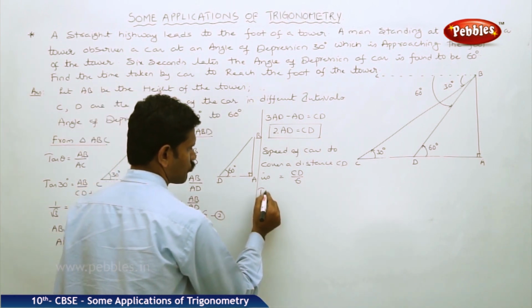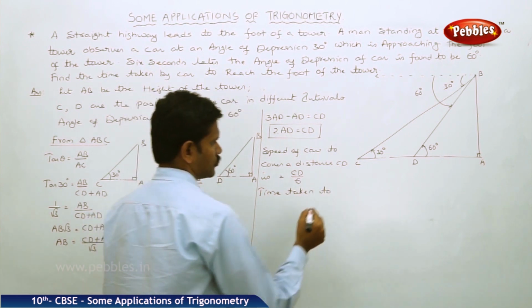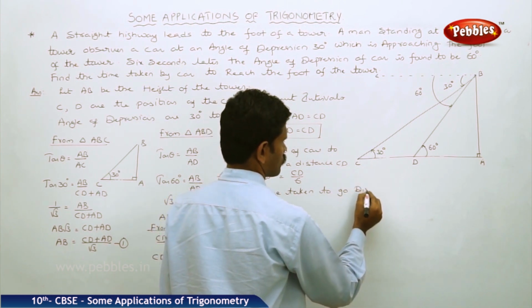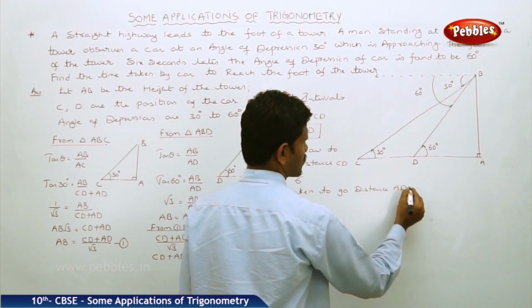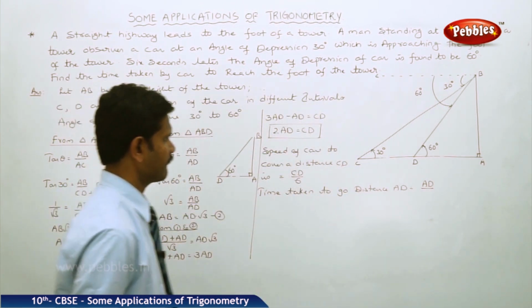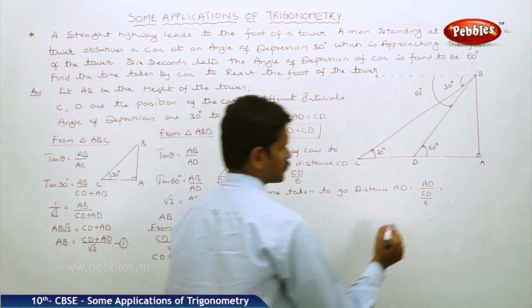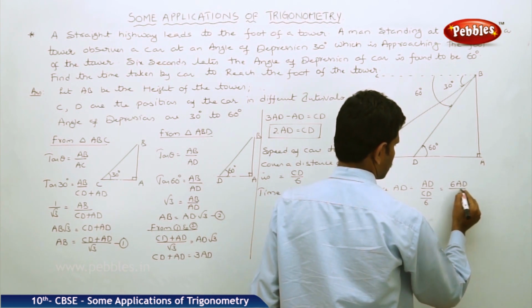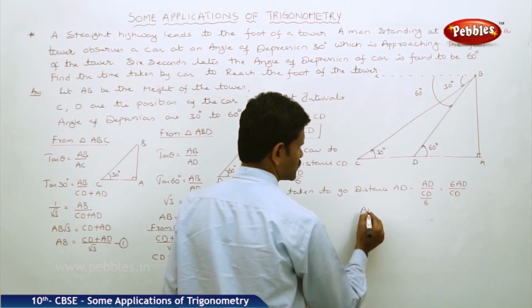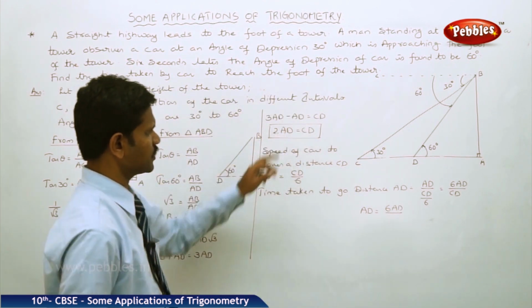Now the time taken to go distance AD is equal to AD by CD by 6, that is equal to 6AD by CD, that is 6AD by CD, nothing but 2AD.